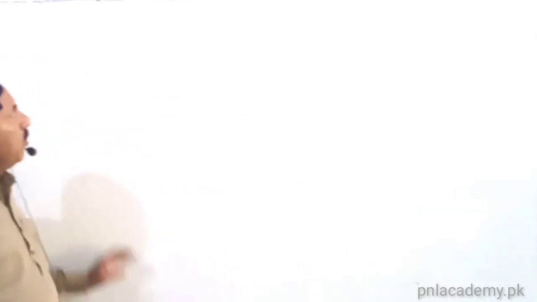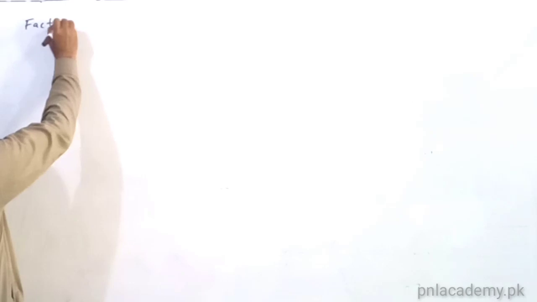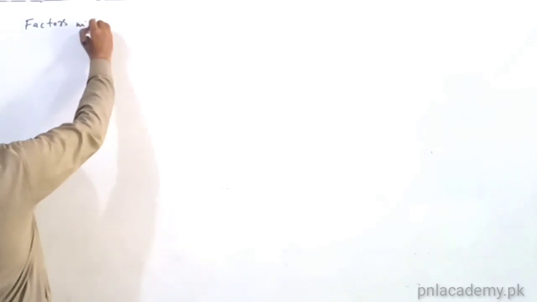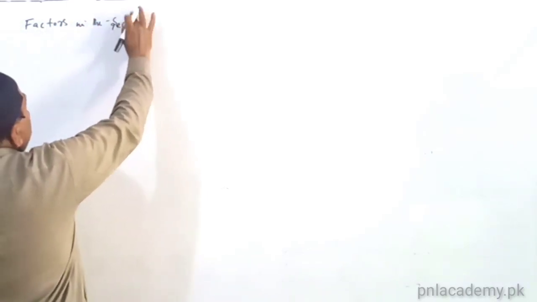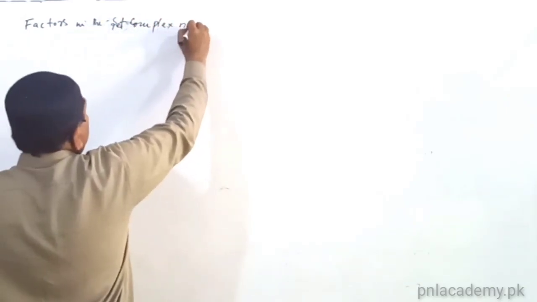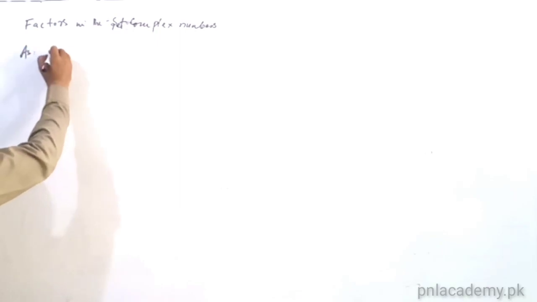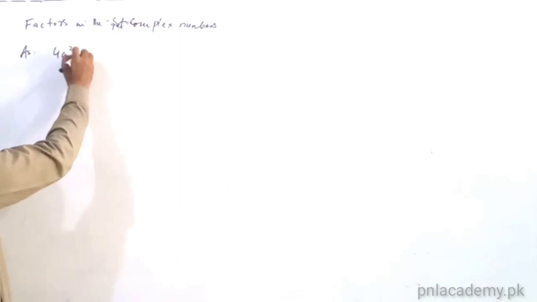Okay, now the point is how we can make the factors with respect to the complex number. Factors in the set of complex numbers, as 4a square plus 9b square.